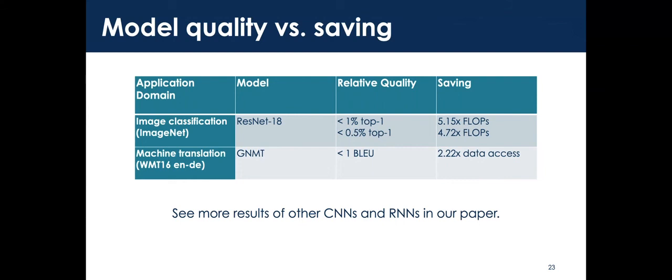As you can see in the table, within 1% top-1 accuracy drop, our method can achieve 5 times FLOPs reduction. And when limiting the accuracy drop to 0.5%, we can still achieve 4.7x reduction. And on GNMT, we can have 2.2x data access reduction with unnoticeable translation quality degradation.